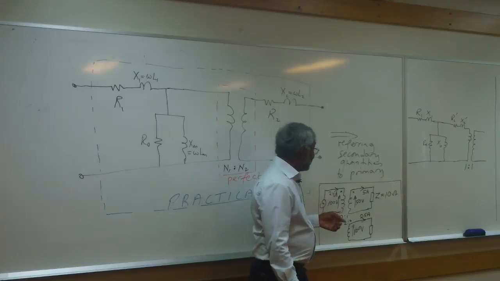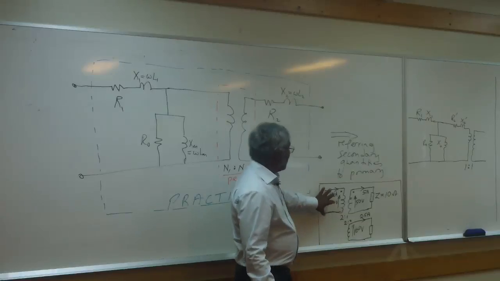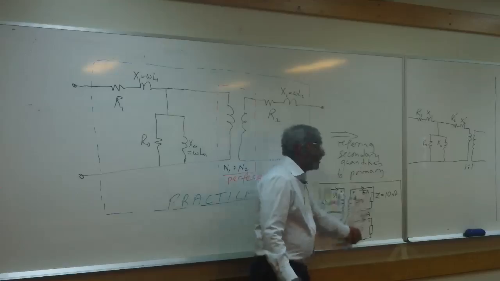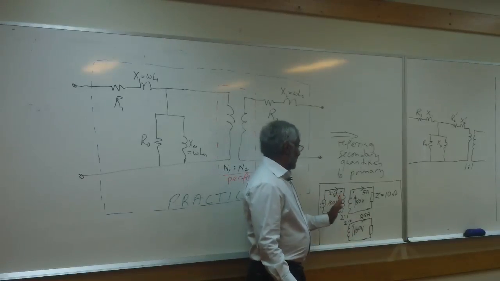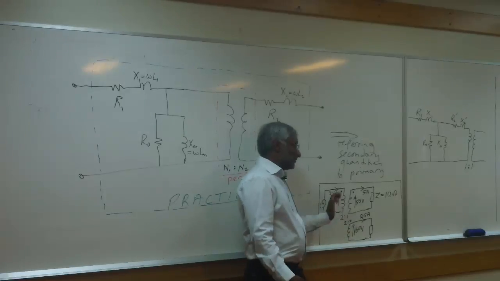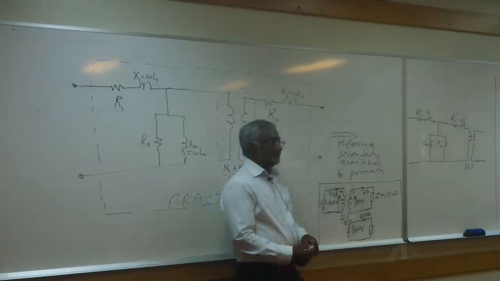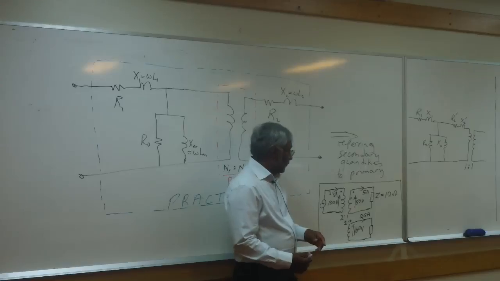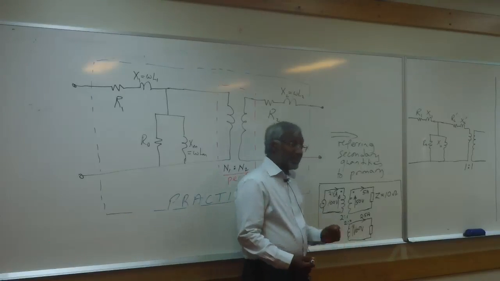But before I tell you why, in order for me to be able to allow the primary side not to feel anything while I do this change, that is, I'm changing the secondary from being 1 turn to 2 turns, so that the ratio is 1 to 1, if I do that, what impedance should I put here? Yeah, how much? 40. Yeah, it has to be 40 because 100 divided by 2.5 is 40.